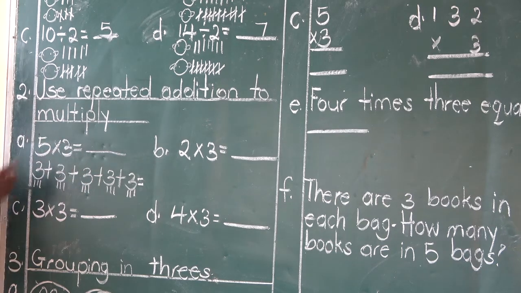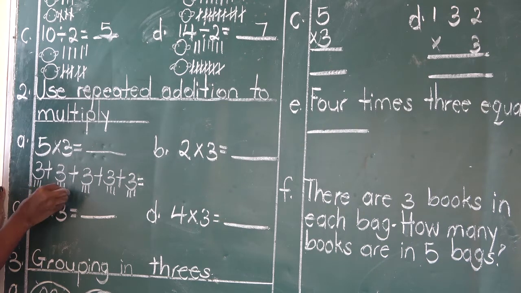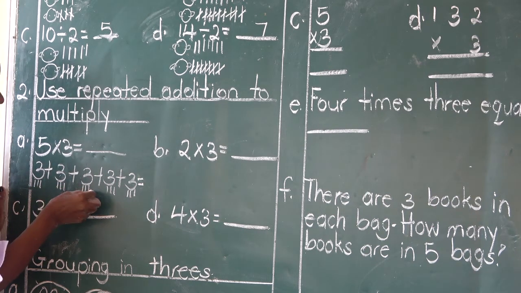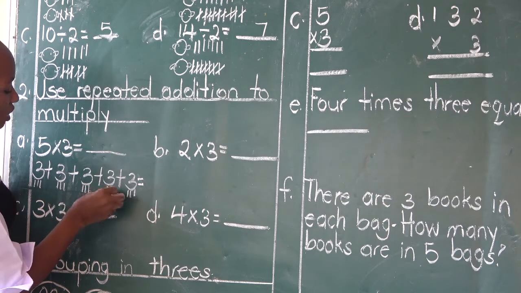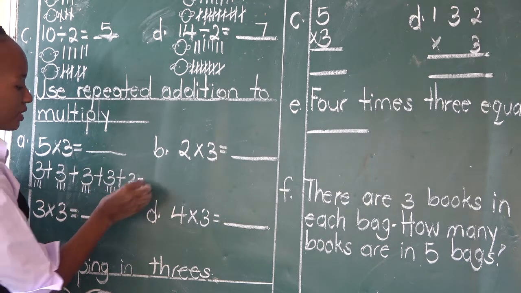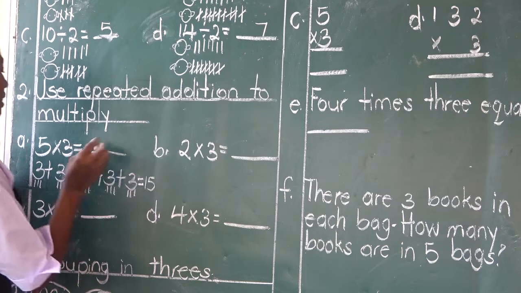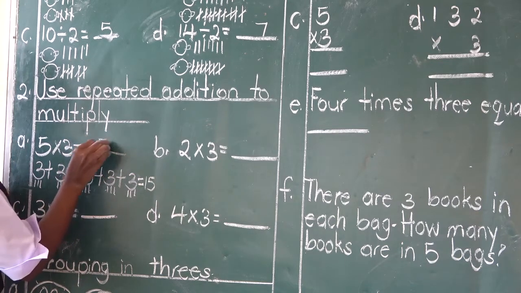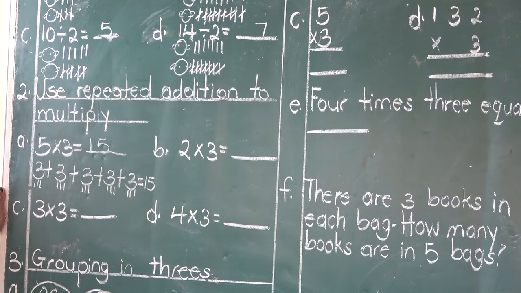Now let's add them: 1, 2, 3, 4, 5, 6, 7, 8, 9, 10, 11, 12, 13, 14, 15. Now 5 times 3, the answer will be 15.